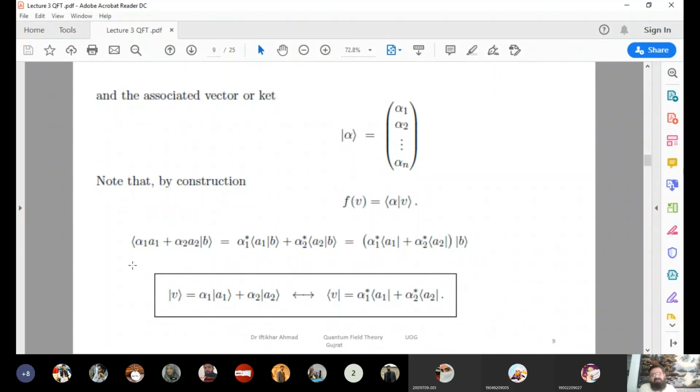When the first element is in the form of addition of two elements, then you can take the inner product with vector b by putting alpha 1 star and then a1, and then alpha 2 star and then a2, then the whole bracket, and then bar and then b. So this is the rule. You must remember this rule.